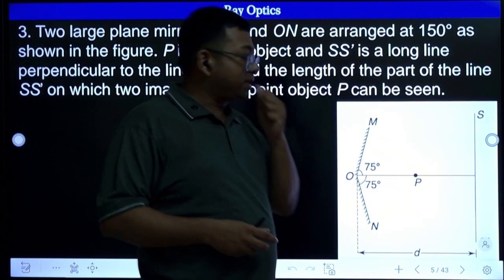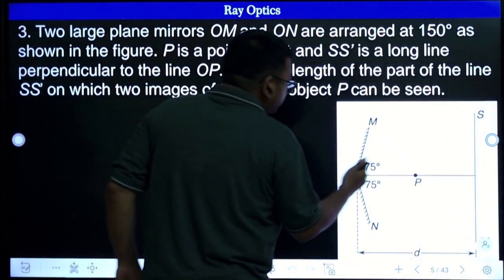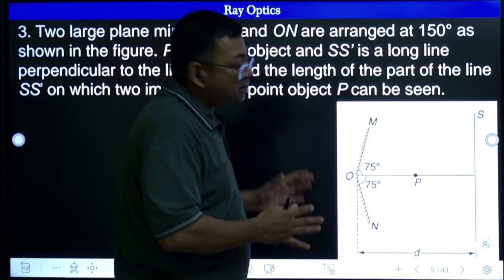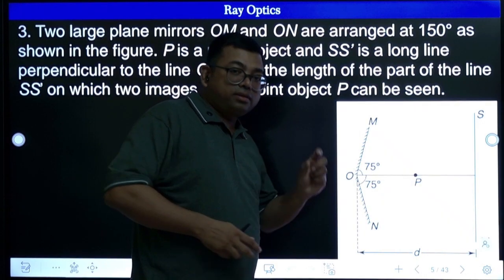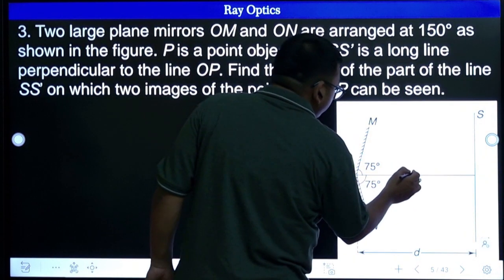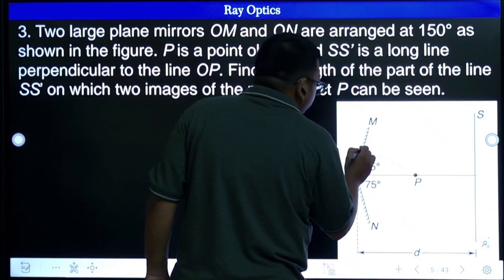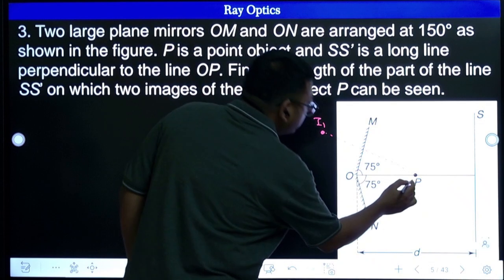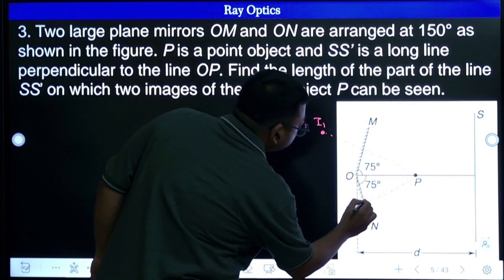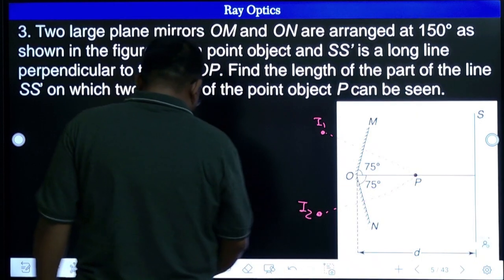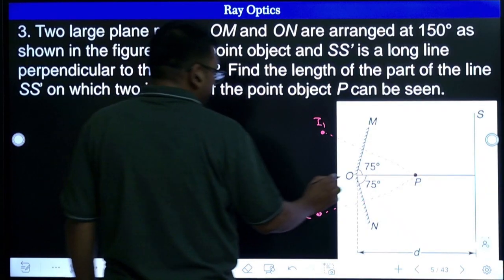Field of view of image. Let us try. First of all, make the image with respect to the first mirror and then with respect to the second. But symmetry is there here. Because of symmetry, the calculation will reduce definitely. So first of all, this is where the first image will form. Similarly here on this perpendicular line, the second image will be formed, and these two images will be equally separated.